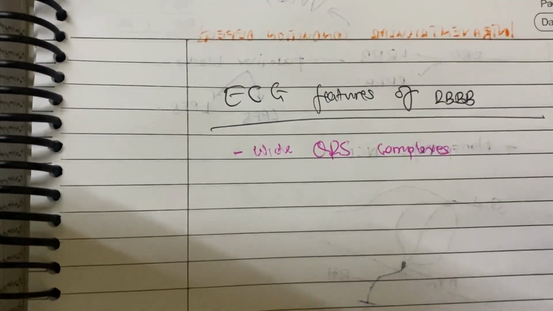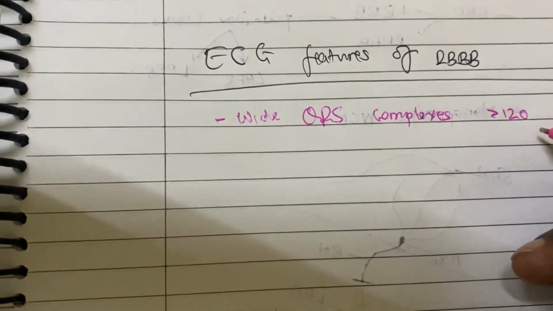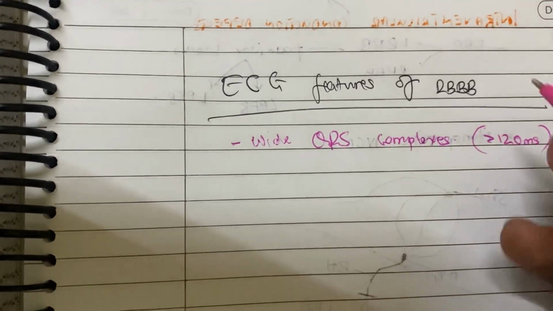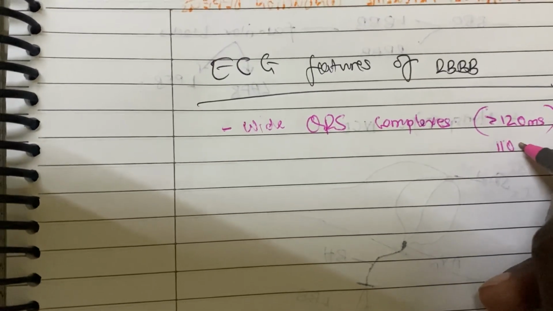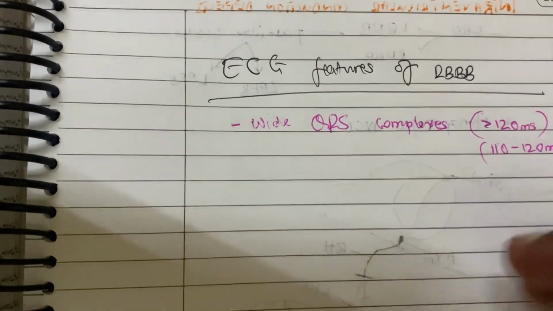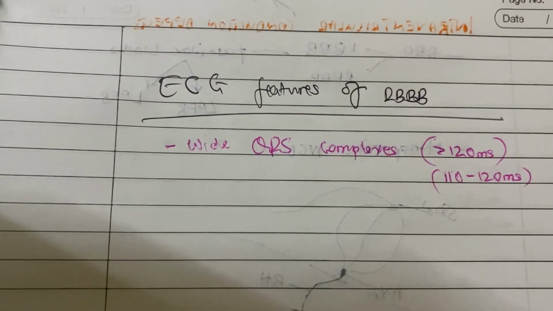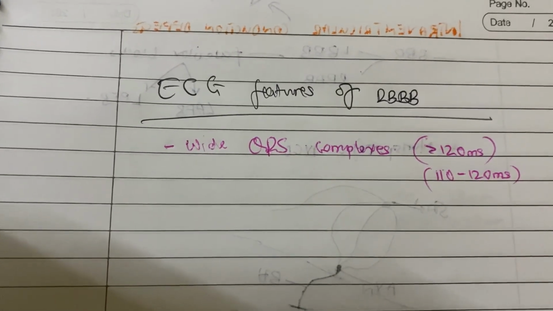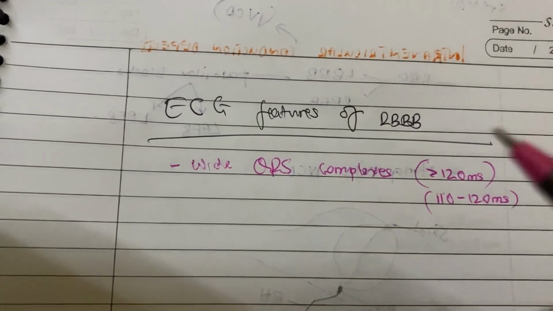So in RBBB, if it's complete, duration is above 120 milliseconds. If it's incomplete RBBB, it will be 110 to 120 milliseconds. So bundle branch blocks can be incomplete or complete. Complete when the QRS duration is above 120, and incomplete when it's less than 120 but above 110. That is one.